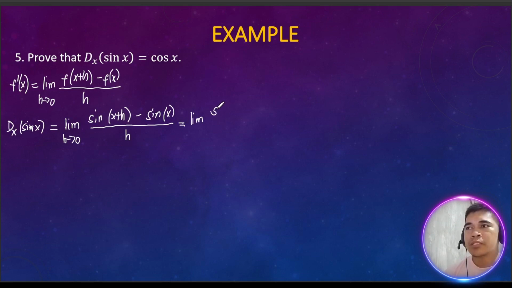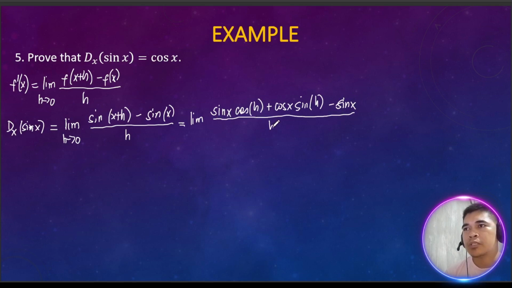So we have sine x cosine h plus cosine x sine h minus sine x over h as h approaches 0. Okay?